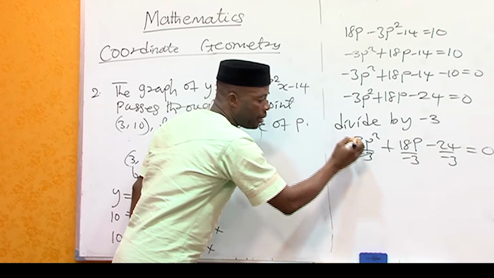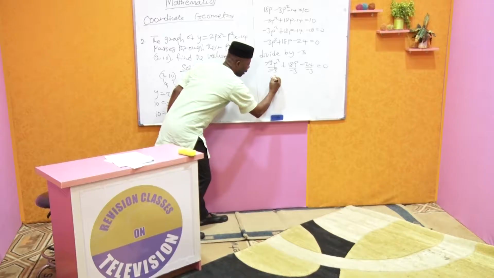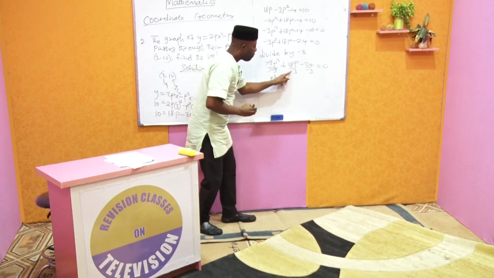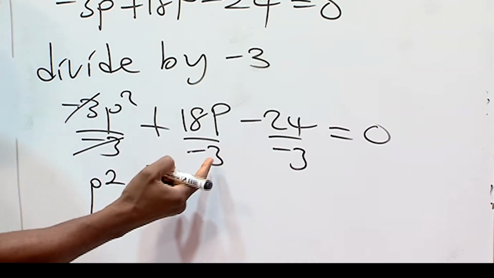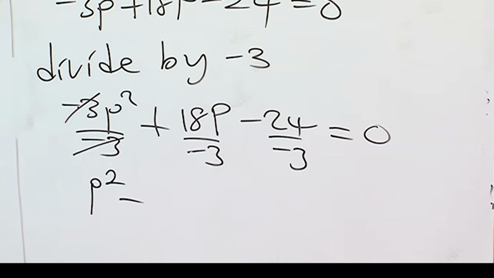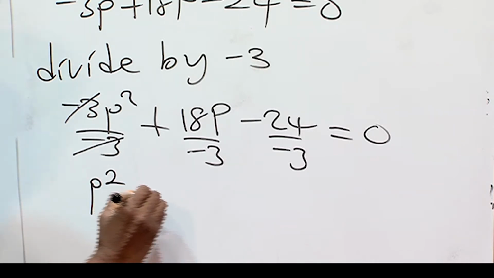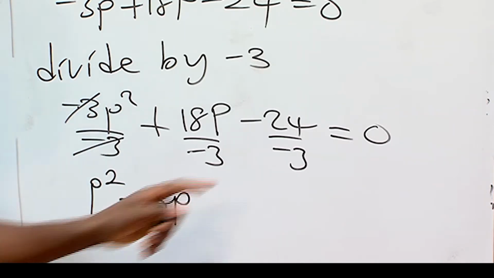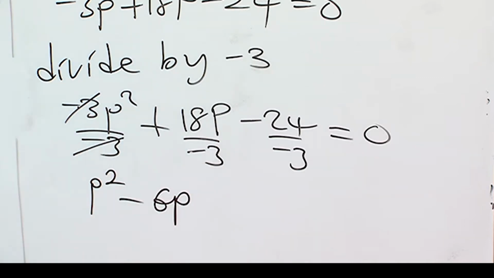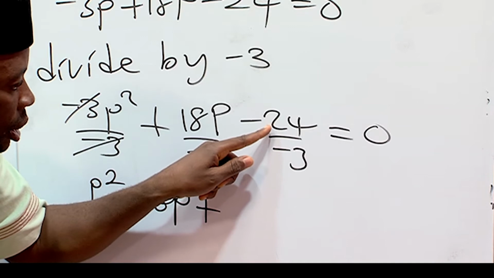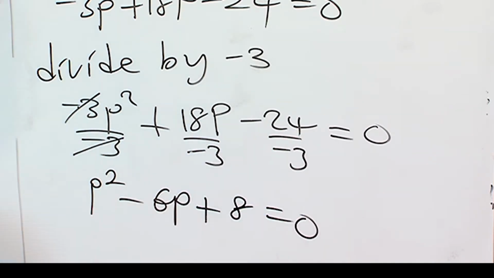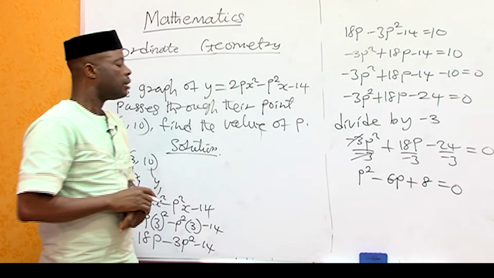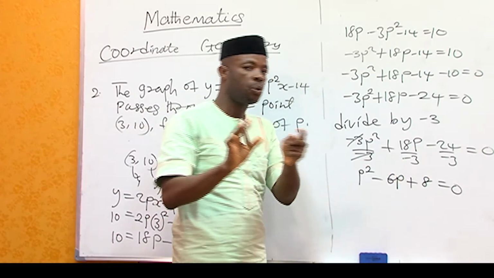Minus 3 divided by minus 3 gives us p squared. Plus over minus is minus, then 18 divided by 3 is 6. Minus over minus is plus, 24 divided by 3 is 8. Equals 0. Now, this is what we call a quadratic equation.